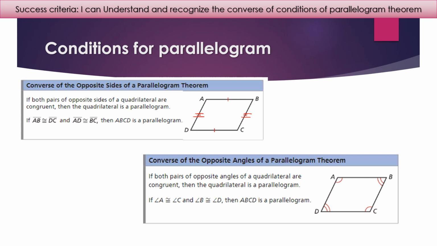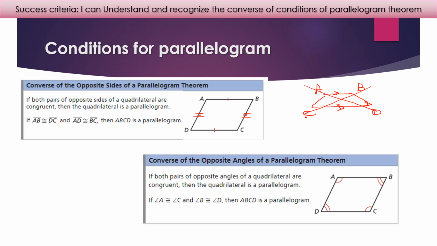Now you might say that it will always be a parallelogram. No, let's see here. Here there is a figure. Yes, these two sides AB and CD are parallel to each other, but they are not congruent. So this is not a parallelogram.